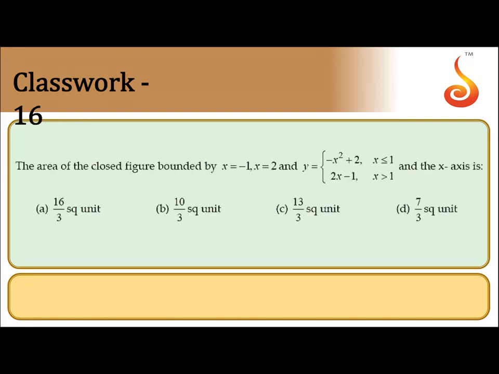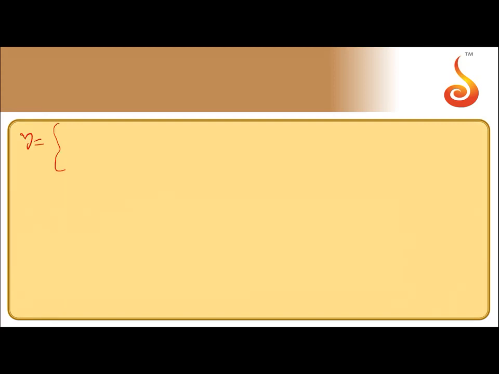Yes, correct. Coming to the next one, area of the closed figure bounded by x equals to minus 1, x equals to 2, and y is equal to minus x square plus 2 for x less than or equal to 1, and 2x minus 1 for x greater than 1.